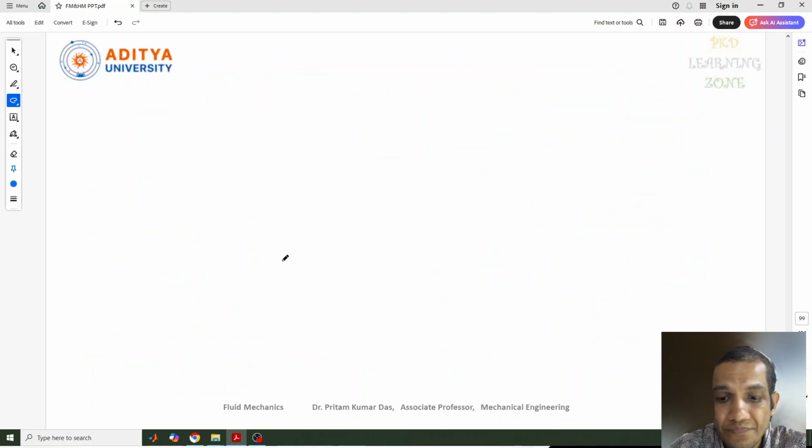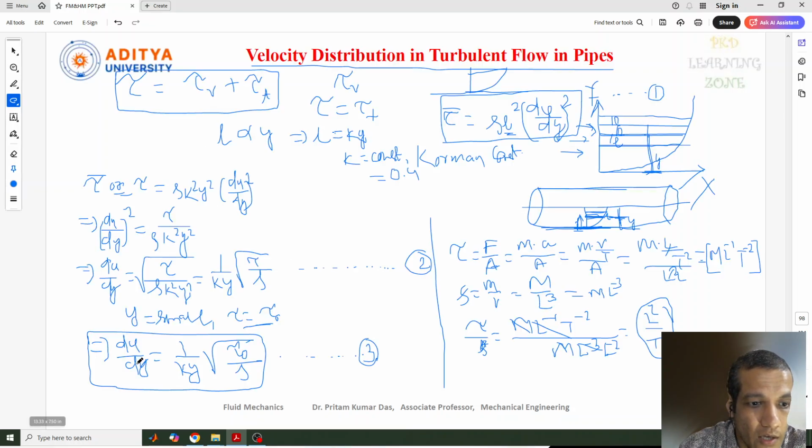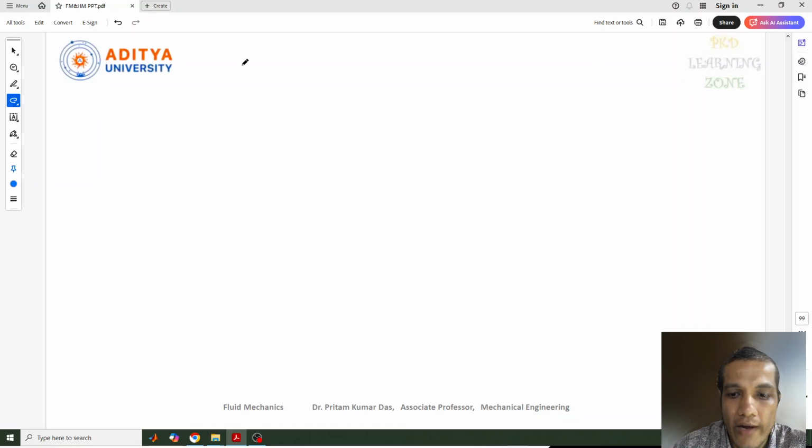So here I'll put this value in this equation. du by dy I can write as 1 by Ky, and this is the value, L by t, which we got from the dimensional analysis of tau naught divided by density.